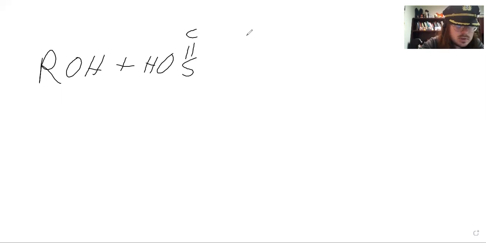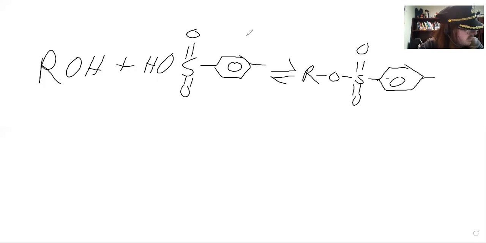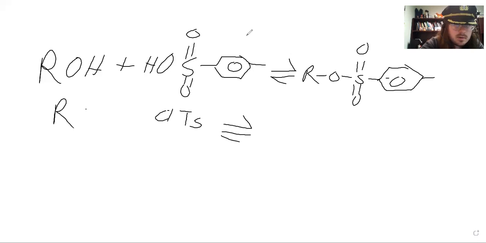HOSO, the forming of the tosyl group, was essentially this esterification. We protonate and make a good leaving group, and then that comes in and adds that. Now we have an even better leaving group. Or using the tosyl chloride, TsCl, to form the RO.